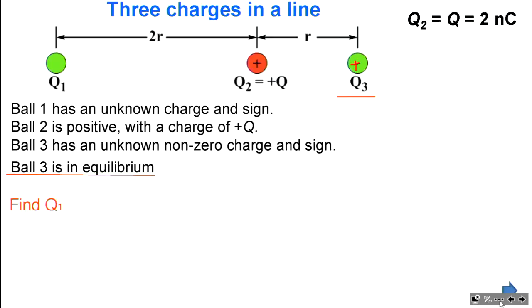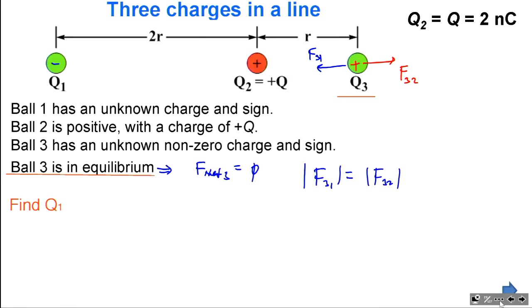The free body diagram says the repulsion due to charge number 2 and the attraction due to charge number 1. And since the net force acting on charge number 3 equals 0, it means the magnitude of the force acting to the right should be equal to the magnitude of the force acting to the left.